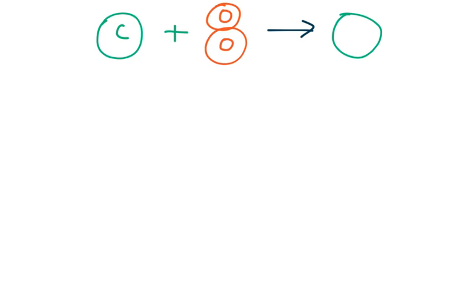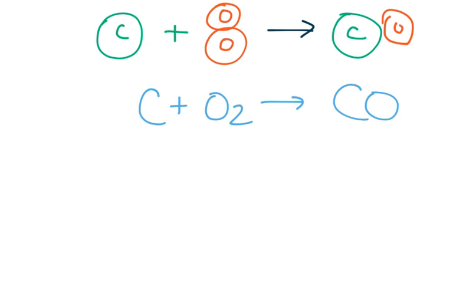Easy. But other times, it's not automatically perfect, okay? I'll use my pictures again. Let's say this time I have carbon plus oxygen again. Oxygen's a diatomic. But this time my end product is carbon monoxide. Carbon monoxide only has one O. When I'm looking at this, C plus O2 yields CO. That is not a balanced equation.